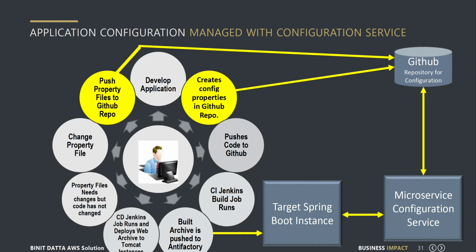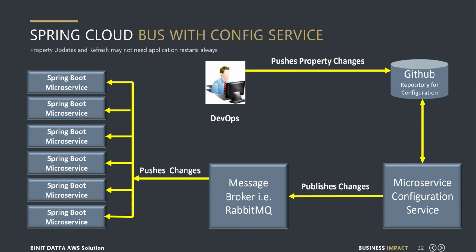And what will happen is that the remote configuration service, which is Spring Cloud, will get that change from the GitHub repository and push it to the target Spring Boot instance. This way we can be a lot more efficient. We don't have to go through deployment, and it can be a lot faster. So let's move on.